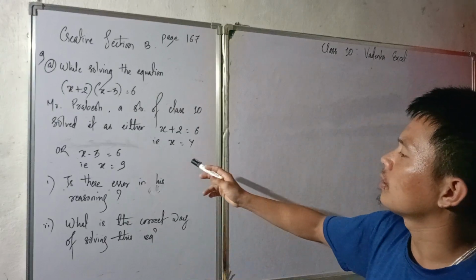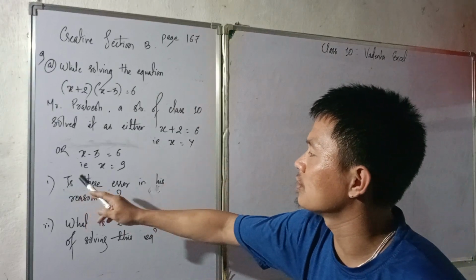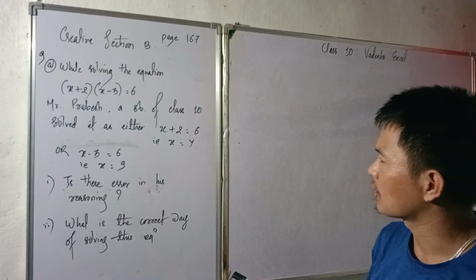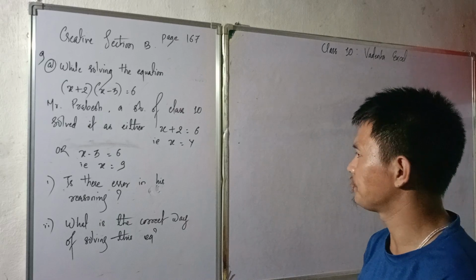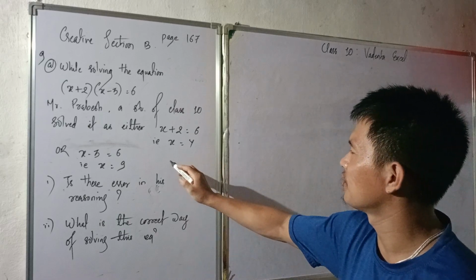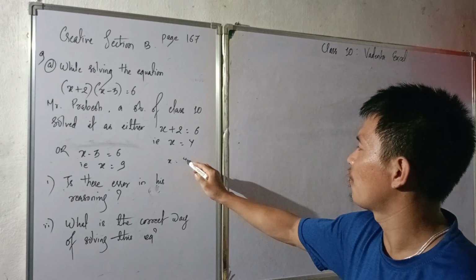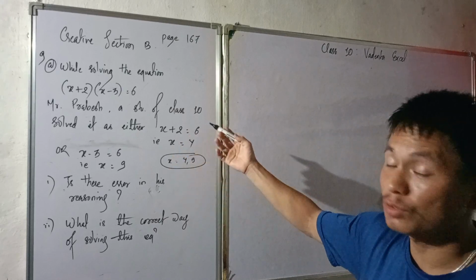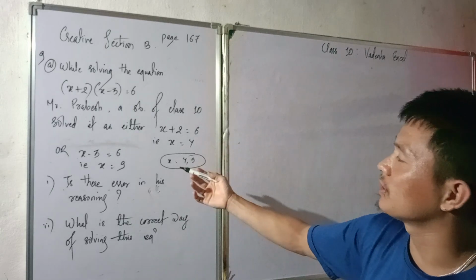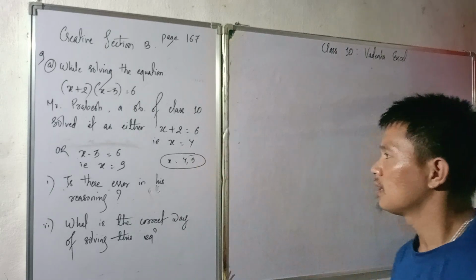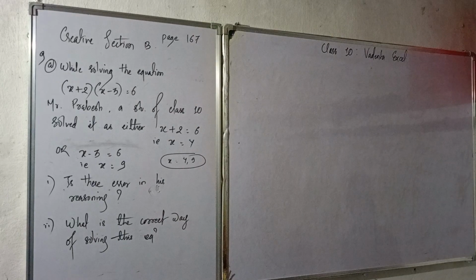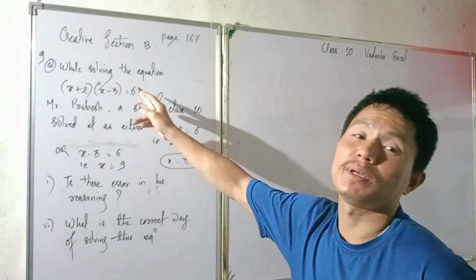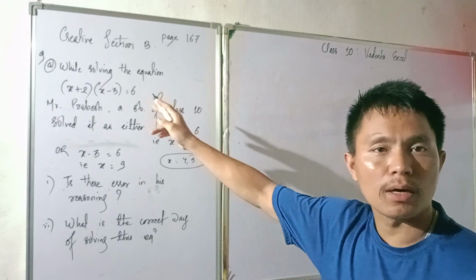And in the first question, is there an error in his reasoning? So the question is, is there any error for the values x = 4 and 9, the way he did it? If you think there is an error, when you do either-or, the right-hand side must be 0.